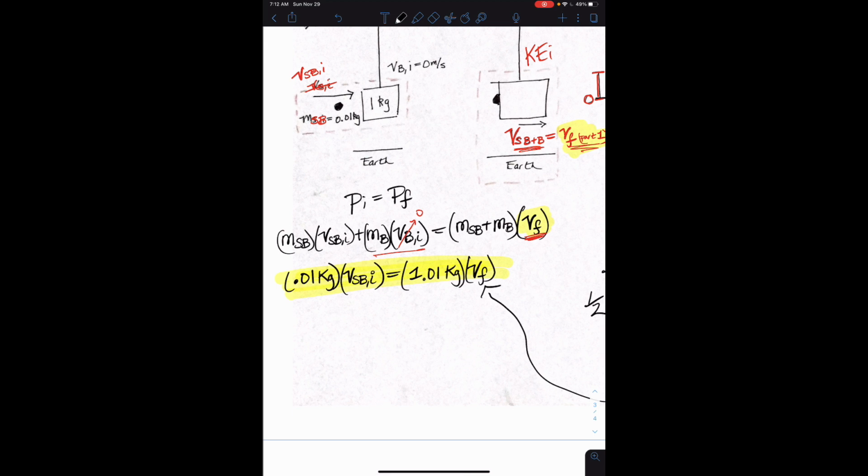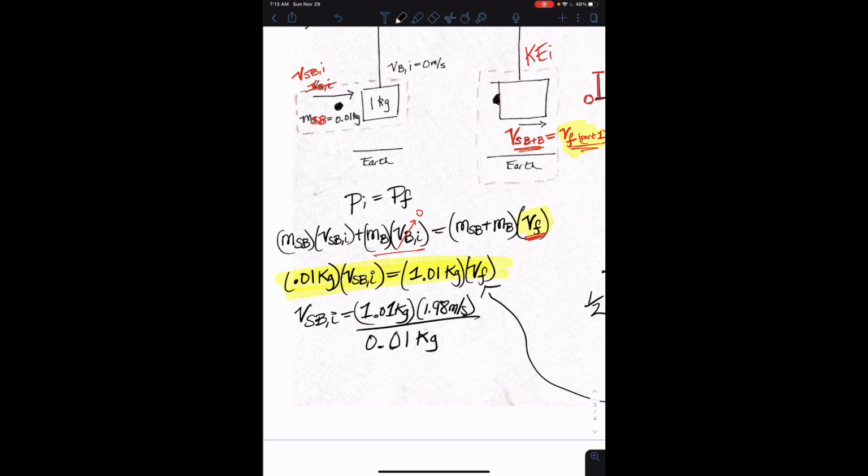Okay, so we'll say then V_SB,I, we'll divide this 0.01 over there, is equal to 1.01 kg times 1.98, which we're just subbing in, divided by 0.01 kg.